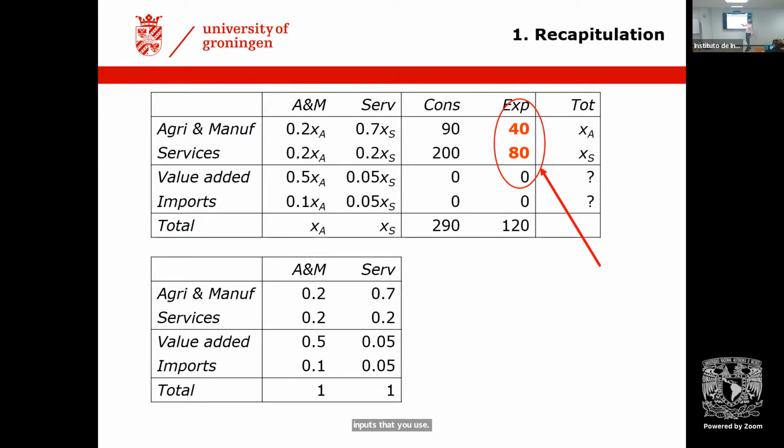And now I go back to the question that has disappeared on my slide. So the next question is, okay, I asked how much emissions are in the exports. So actually, I'm interested only in how much production, how much emissions are in this vector. Now, that's easy peasy, isn't it?